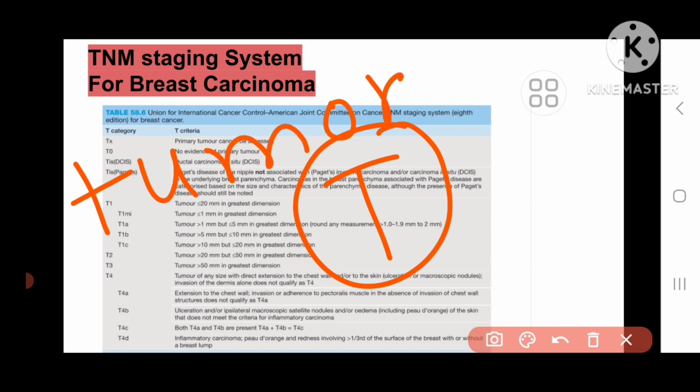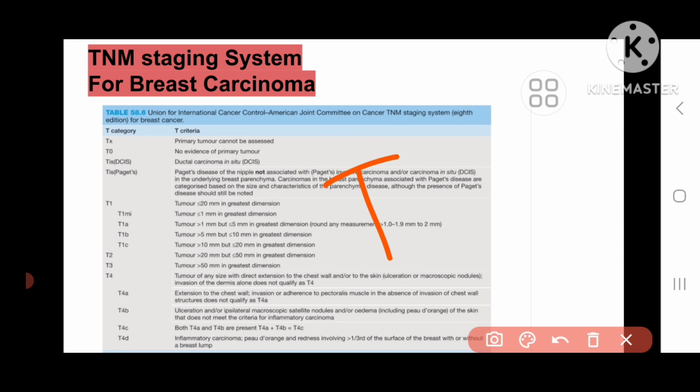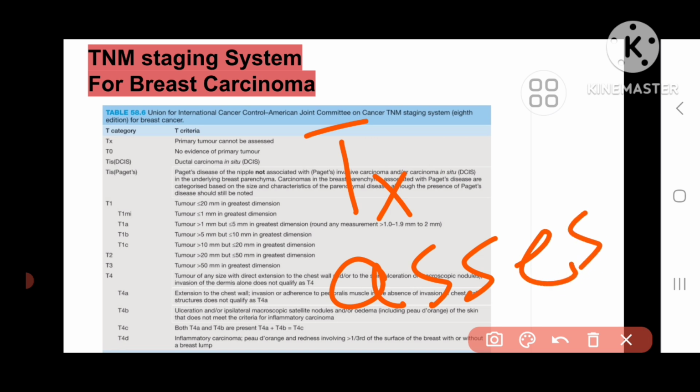T0 means no evidence of primary tumor. TX means primary tumor cannot be assessed.